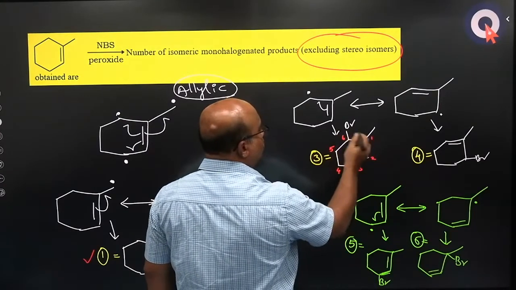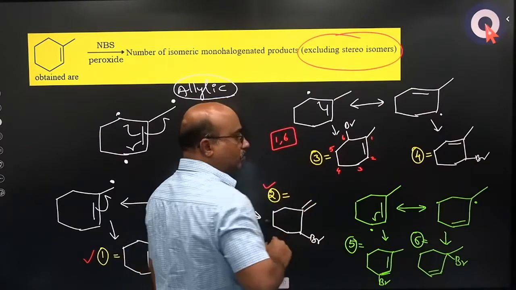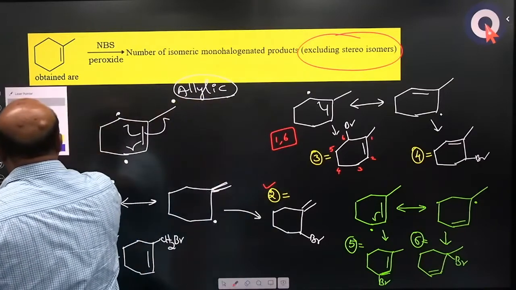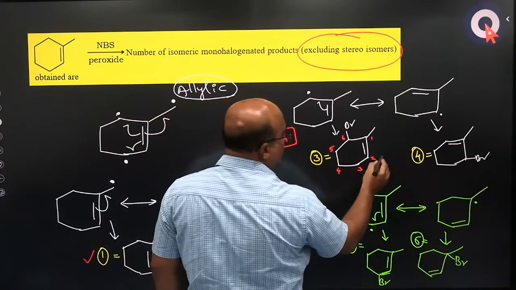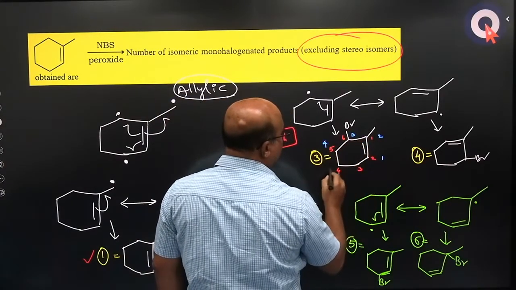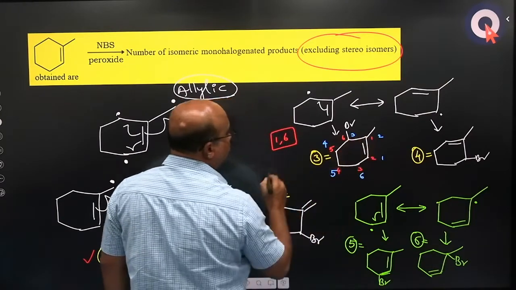So what are your substituent positions? 1 and 6. Suppose you number a different way, still giving the double bond preference: 1, 2, 3, 4, 5 and 6. Then your substituent positions are 2 and 3.